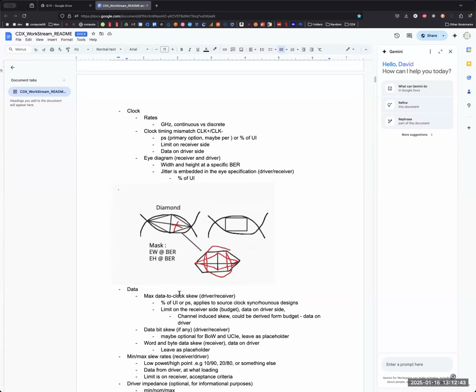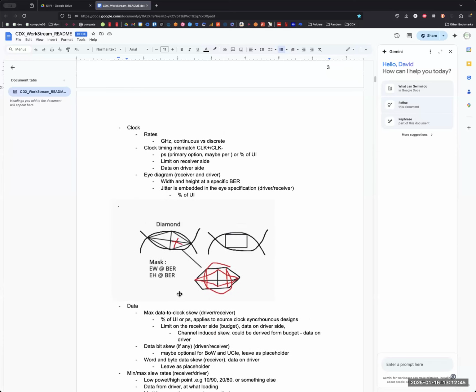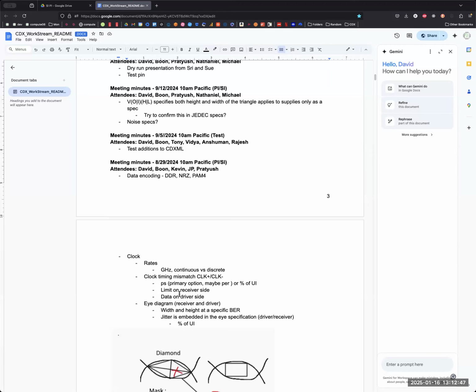Some of the stuff we talked about: the purpose of the package SIPI design kit is twofold. Overall, we want to capture SIPI requirements specifically for die-to-die IPs.